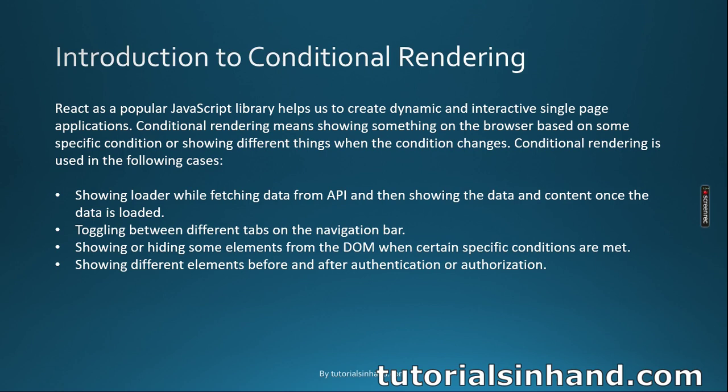Thirdly, showing or hiding some elements from the DOM when certain specific conditions are met. Here you can consider a login form. If you have given some email or password and they are not matching with the backend, or you might have a form where you have entered some wrong data, like for an input of type email you have entered some text which is not an email, you see some small red text under the input.